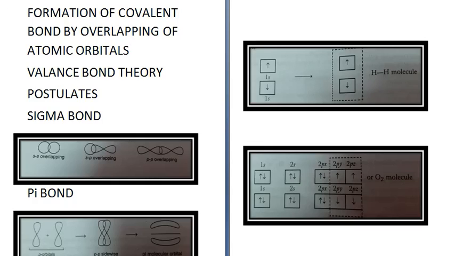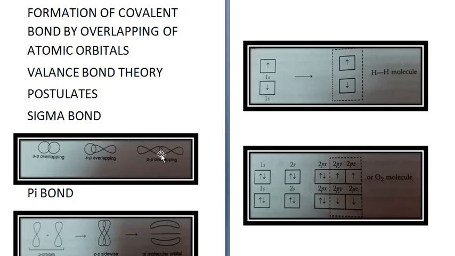See here, this is s-s overlapping along the x-axis, s and p overlapping along the x-axis, and this is also p and p overlapping. Two p orbitals are overlapping here. This type of bond is called a sigma bond. It is a strong bond because the extent of overlapping is large. The shape of a molecule is determined by these bonds.